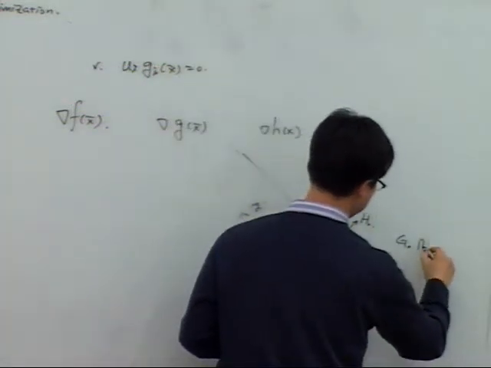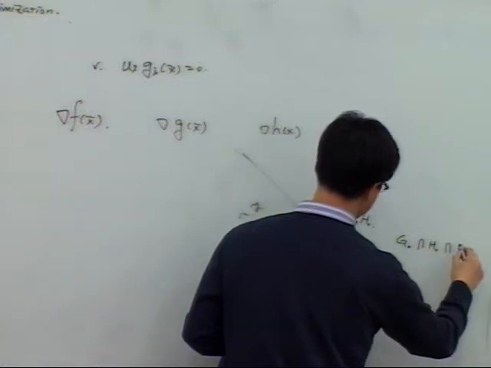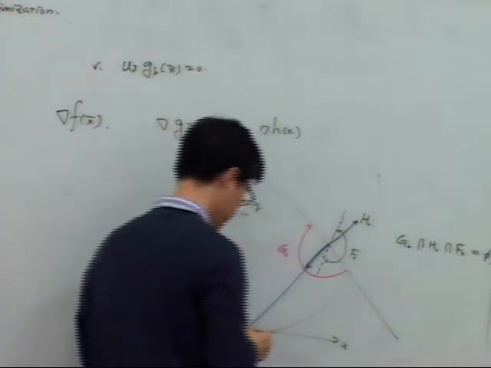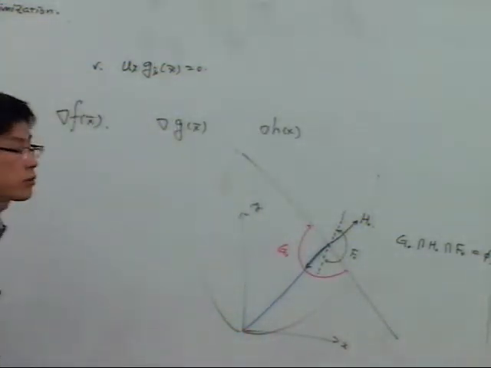So that's the conceptually most important thing. If it's not zero, which means there exists some direction. If you follow that direction, your function value will be decreased.